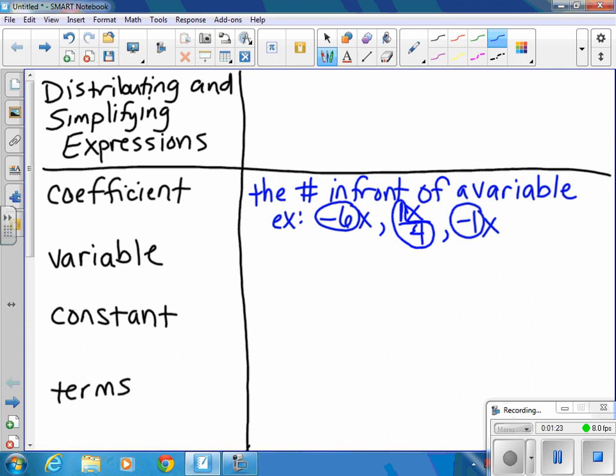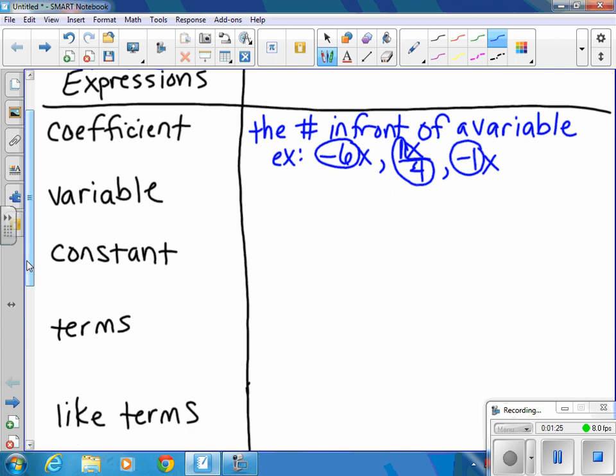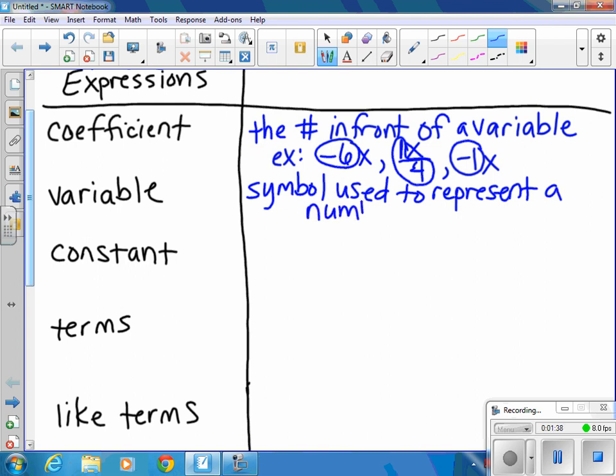The next word is variable, and a variable is simply a symbol that's mainly a letter used to represent a number. In algebra, it is all letters. However, in other levels of math, there may be different symbols that could constitute as a variable.